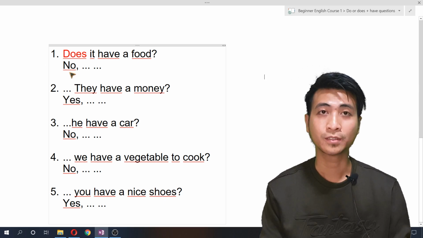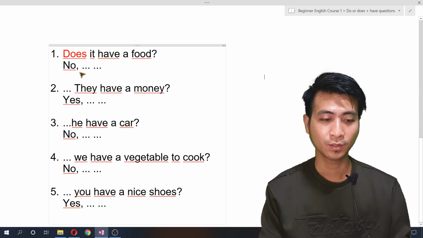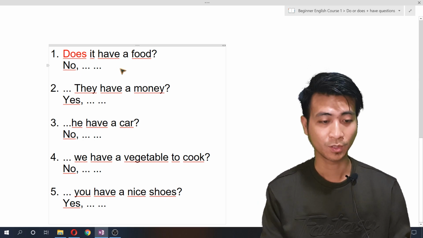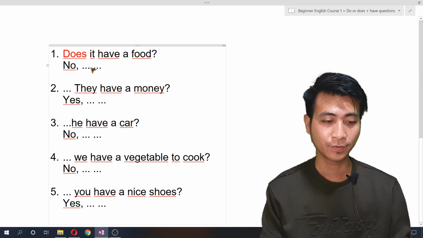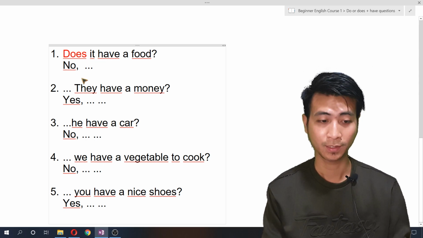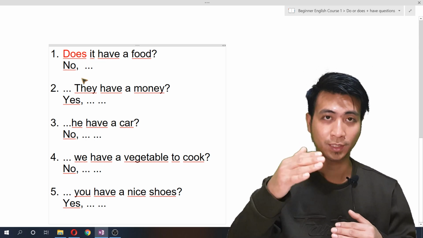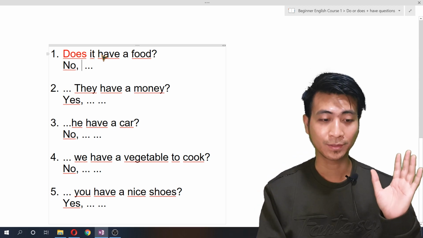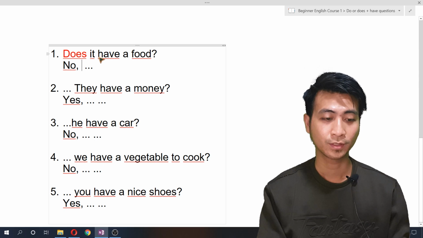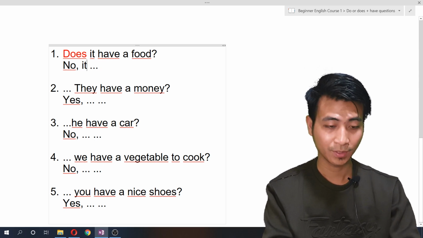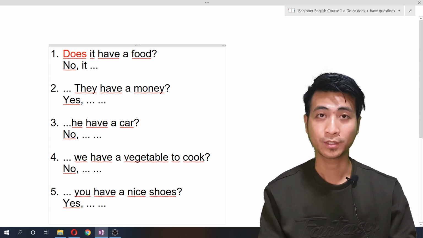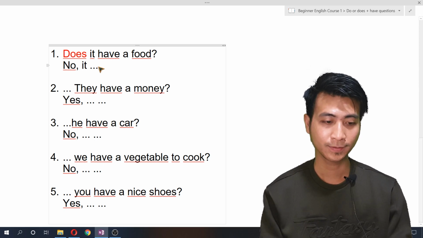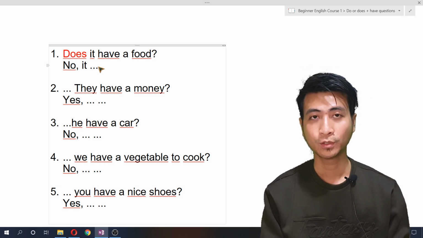And here the answer is no, so we write no and fill in the blank. Try to look again at the subject. We just match the subject in the question. Here in the question the subject is it, so we just put the subject it again in the answer section, and we use again after the subject.